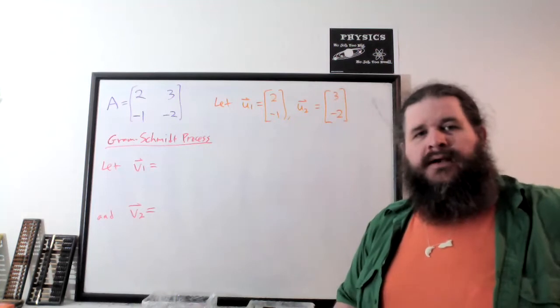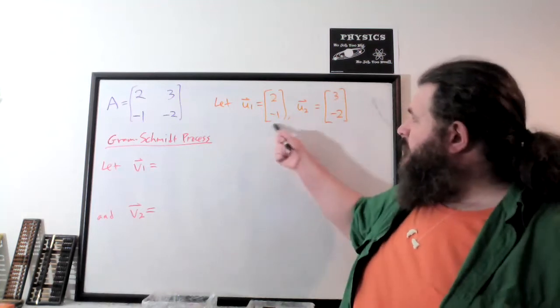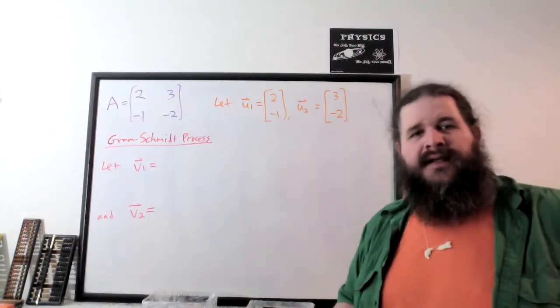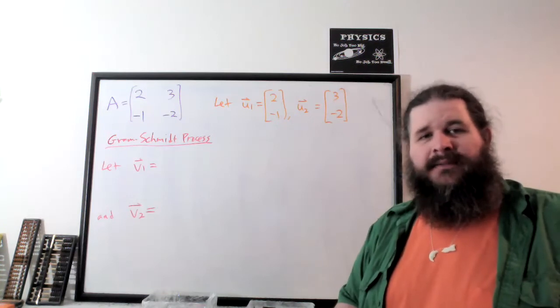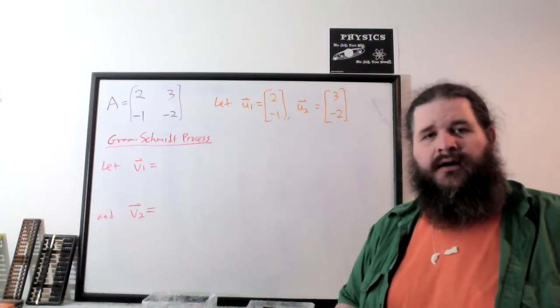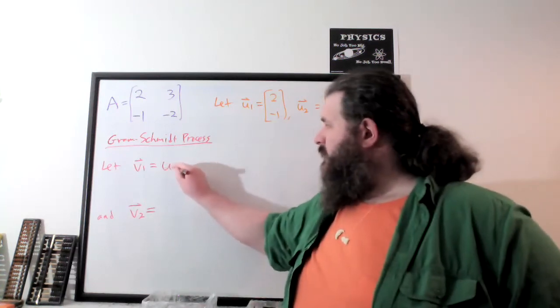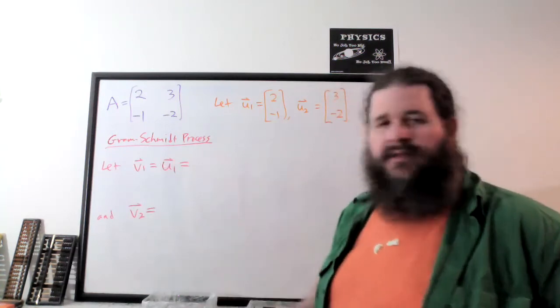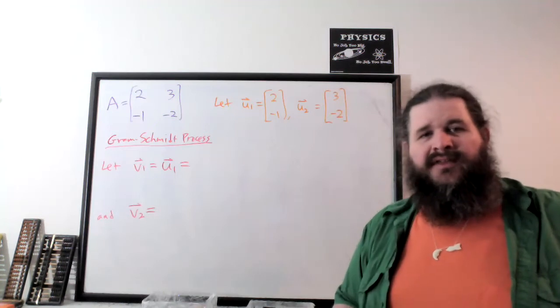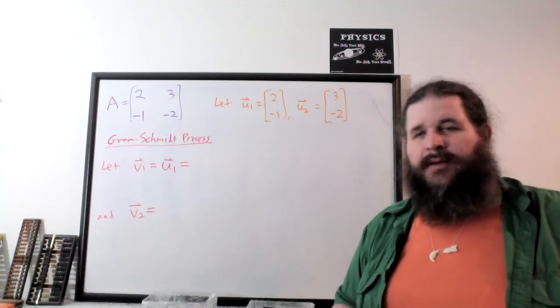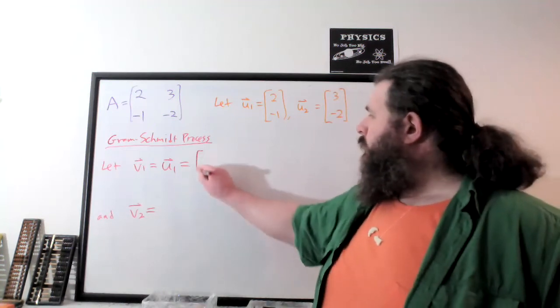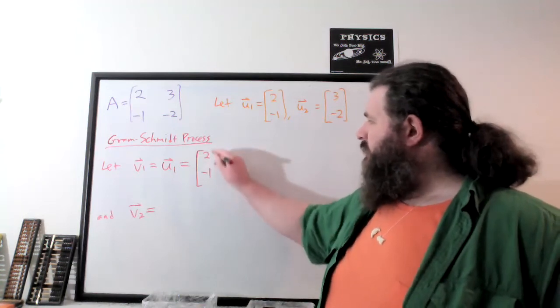And what we're going to do, we're going to go one at a time, taking a vector from the original set, and then taking off anything that's not already perpendicular to what we have so far. The first vector, U1, we can just keep exactly as is. The Gram-Schmidt process usually starts with just taking one of the vectors as a foundation and keeping it exactly the way it is. So we're just going to keep 2, -1 exactly as is.